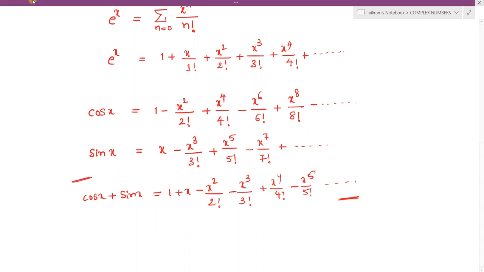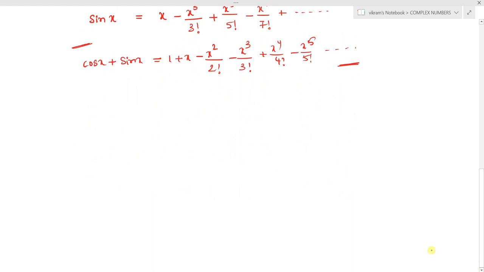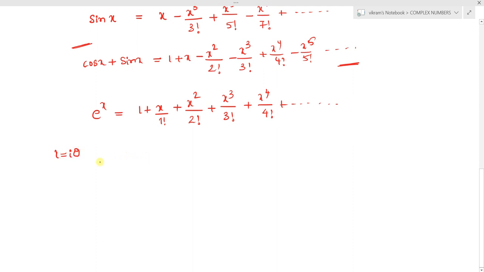So now in the e power x series, we have 1 plus x by 1 factorial plus x square by 2 factorial plus x cube by 3 factorial plus x power 4 by 4 factorial and so on, which is e power x. Now replace x with i times theta.